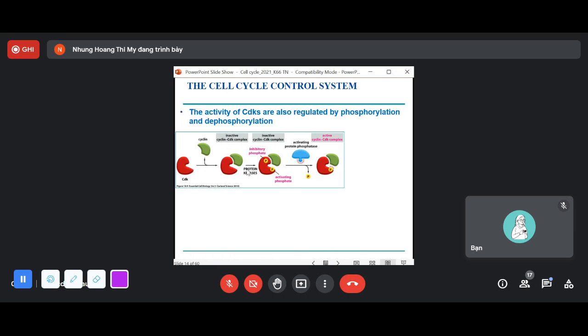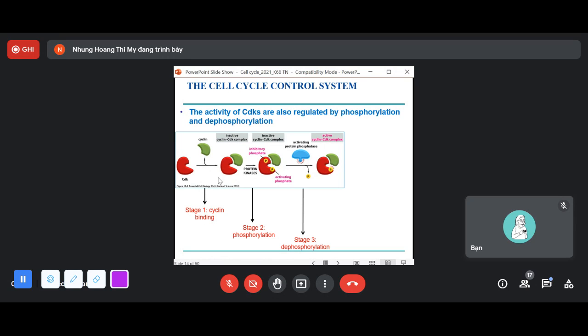And as I said, binding with a cyclin is not enough for the full activation of the CDK. The activity of CDK is also regulated by both phosphorylation and dephosphorylation. The first stage of activating CDK is the binding of CDK with a cyclin.